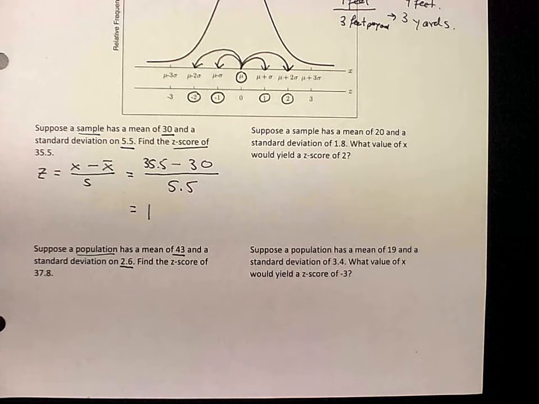So you can think of each number as having its own z-score, right? So whenever it says, if you have this number right here, find the z-score of that number.